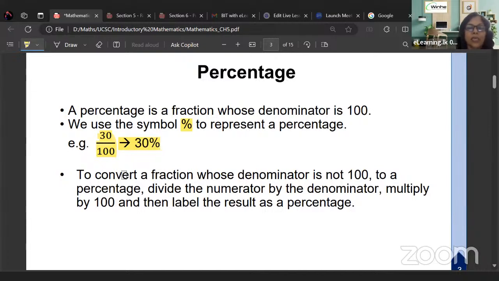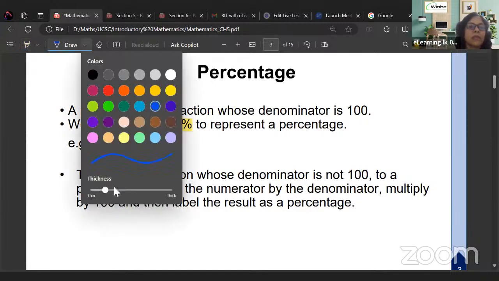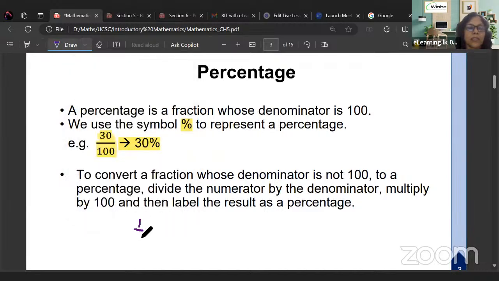For example, if we consider half, then if you multiply it by 100, what will happen? Assume that you have the fraction which is equal to half. Now the denominator is not equal to 100, and you are asked to find the percentage.